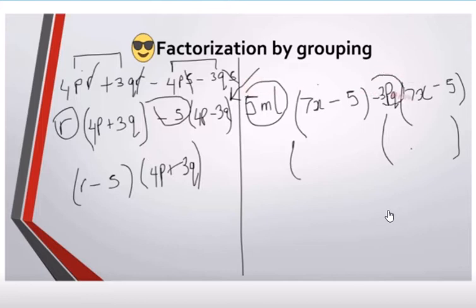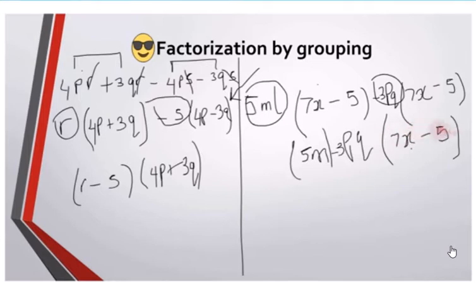Usually we'll have to factorize to get to this second line, but they gave us the second line and they want us to factorize. So in other words, it was less work for us. So all we did was group the terms on the outside in brackets, and we factorize out the common bracket. So 7x minus 5 is going to come in the bracket to complete the sum.